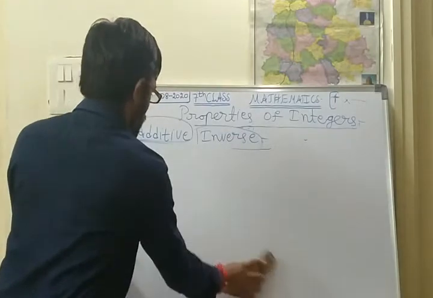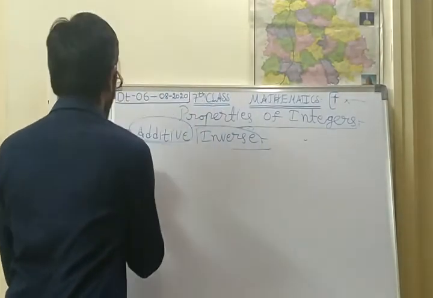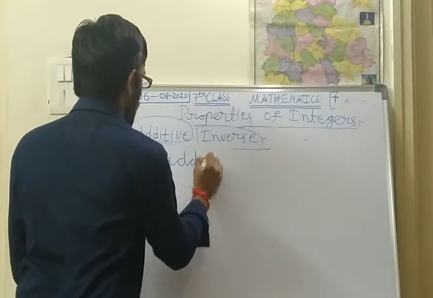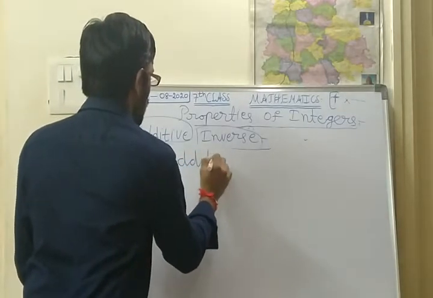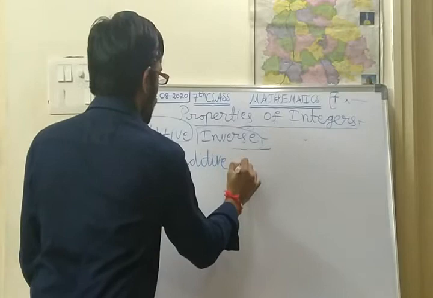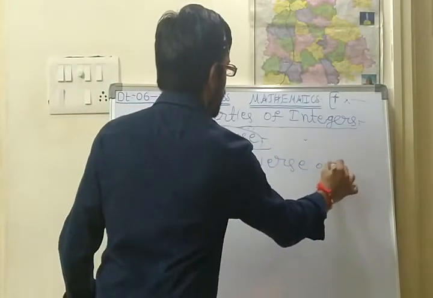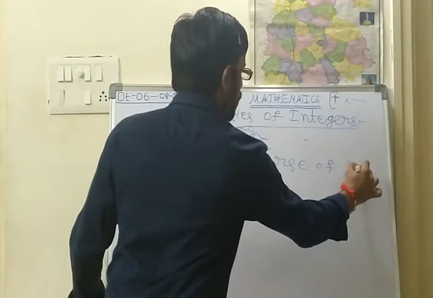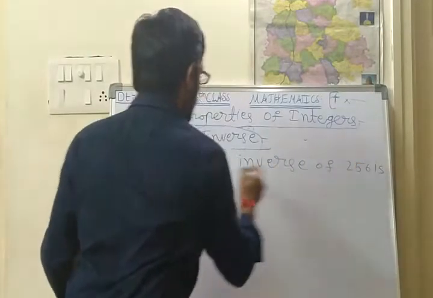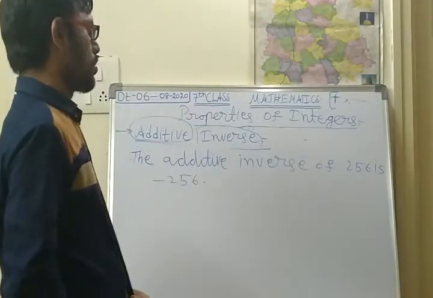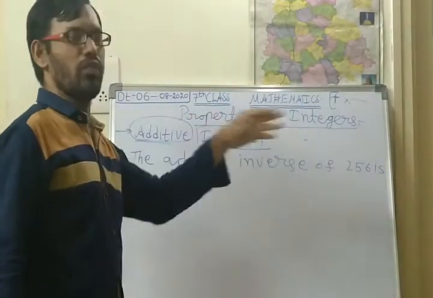So see, children, the additive inverse of 256 is minus 256. Like that he will be asking, what is the additive inverse of 256?